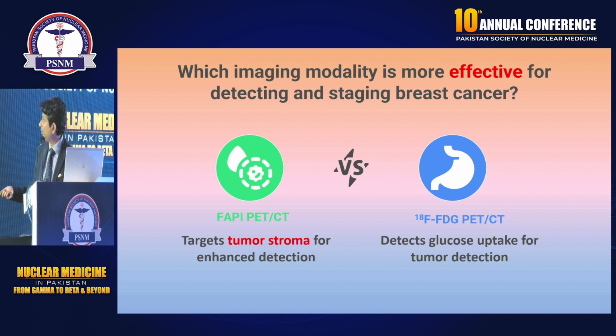One is looking at the tumor stroma, and one is looking at the glucose uptake in the tumor. So the target is different. In the aggressive tumor, FDG may be superior. In the low grade tumor which has a high fibroblast activity, FAPI will be good.